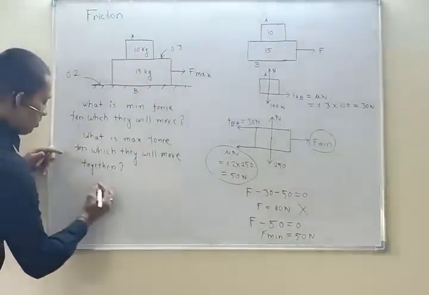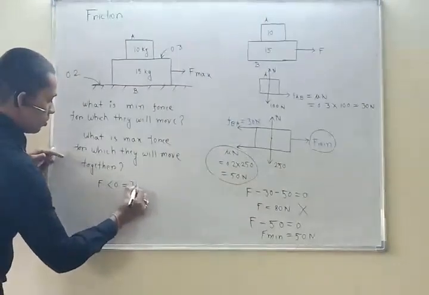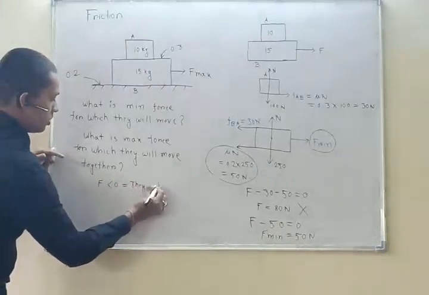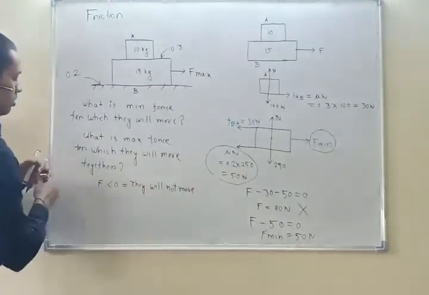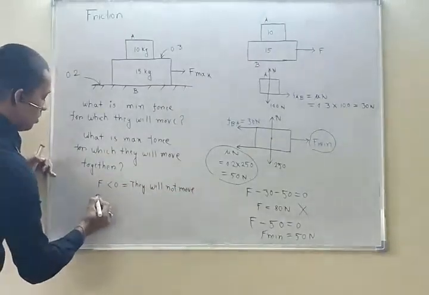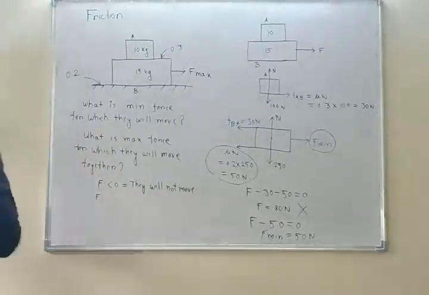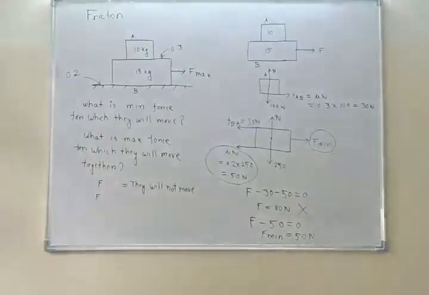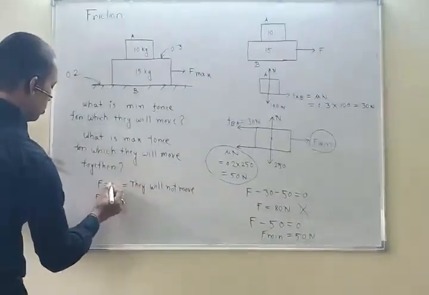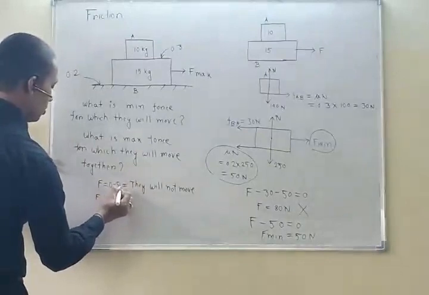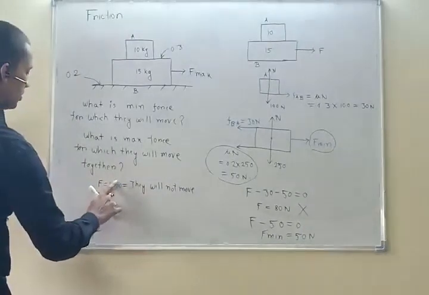For F less than 0, they will not move. For F in between 0 to 50, F equal to 0 to 50 or less than 50, I'm writing F less than 50.